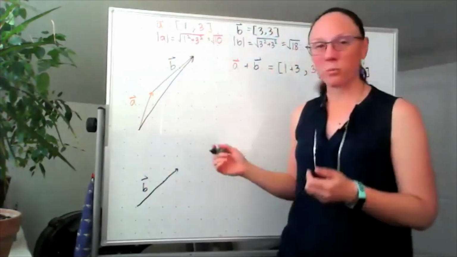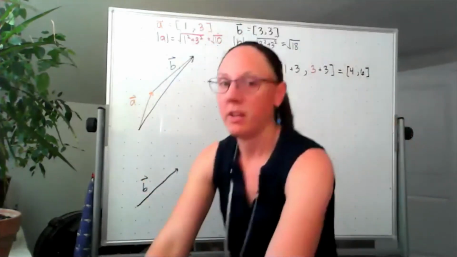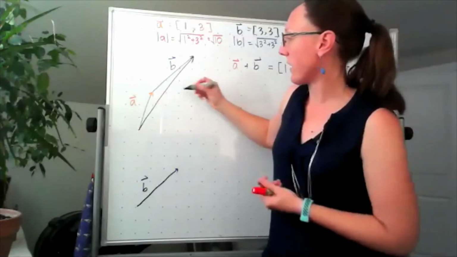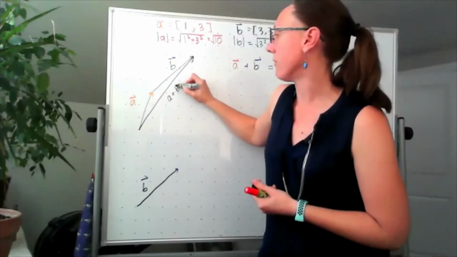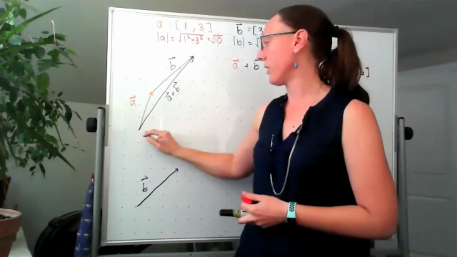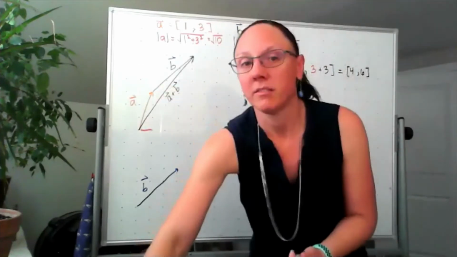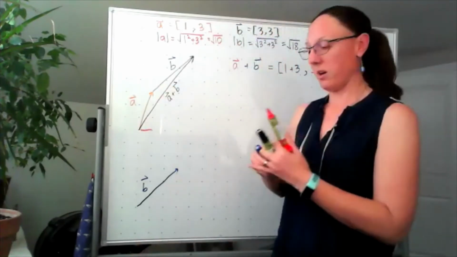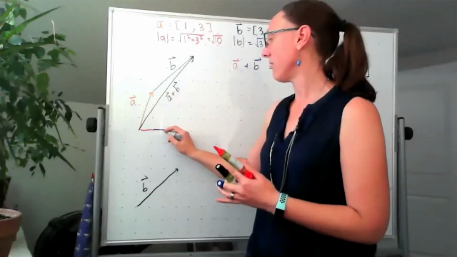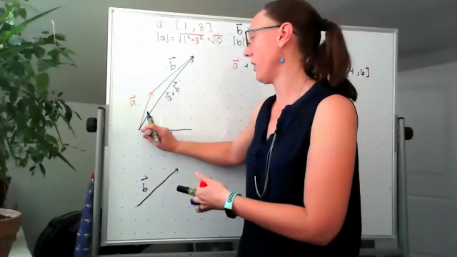And you can see that when we do that, we end up in the x direction. The x direction for my resulting A plus B vector comes from moving the x part of A, which was a 1, plus the x part of B, which was a 3. So there's the 3 and the 1.